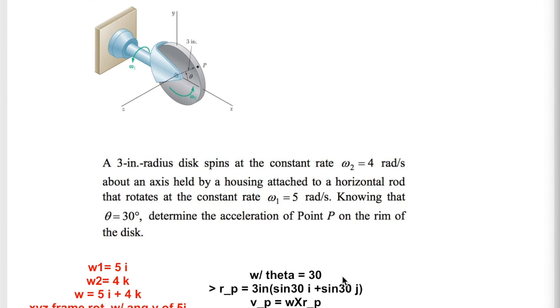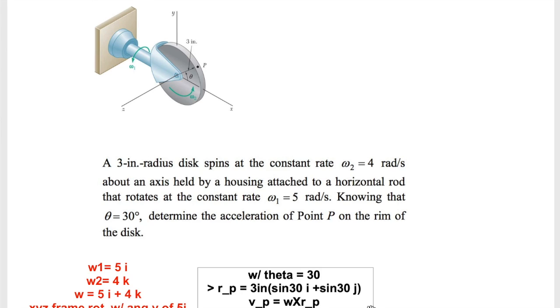With theta equals 30, point P from the origin is 3 inches, because it's a 3-inch radius, times sine 30, and this should be cosine 30.